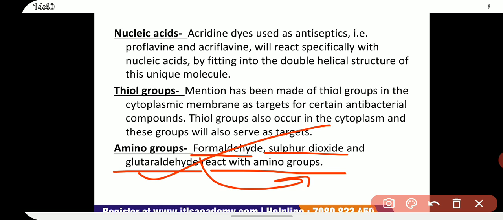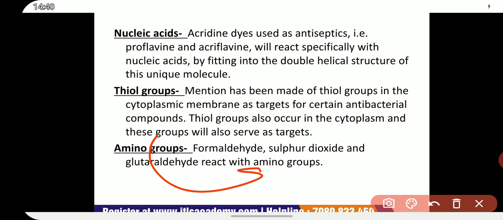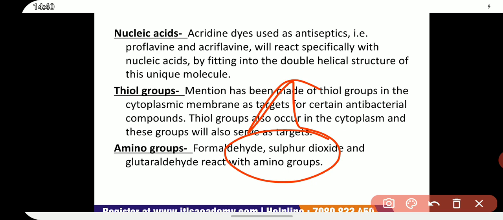Reaction of this nature, that chlorinated thiazolones, as well as acting on thiol group, can react with amino groups, and after working with amino groups, if these are working in the functioning of the cell, then there will be no proper functioning.